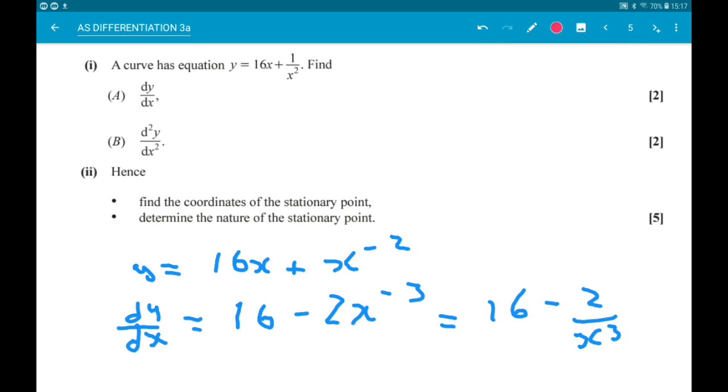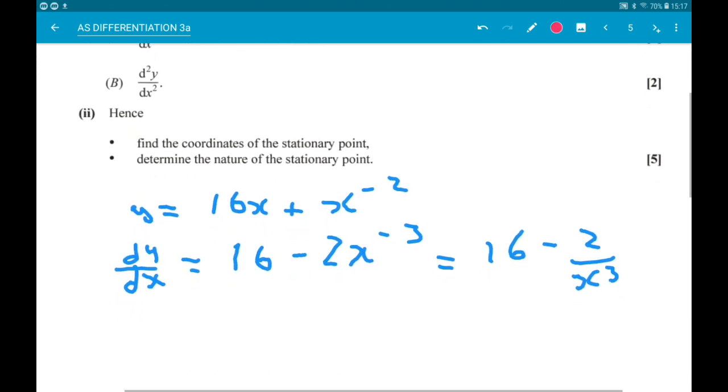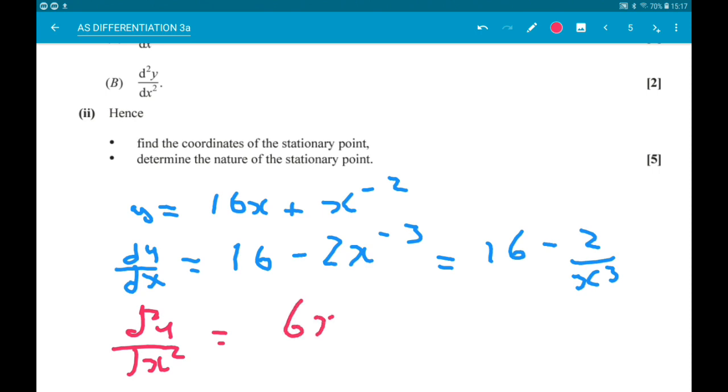And then the second derivative, where the minus 3 comes down and multiplies to minus 2, so that's positive 6x to the minus 4. Which we can write as 6 over x to the 4.